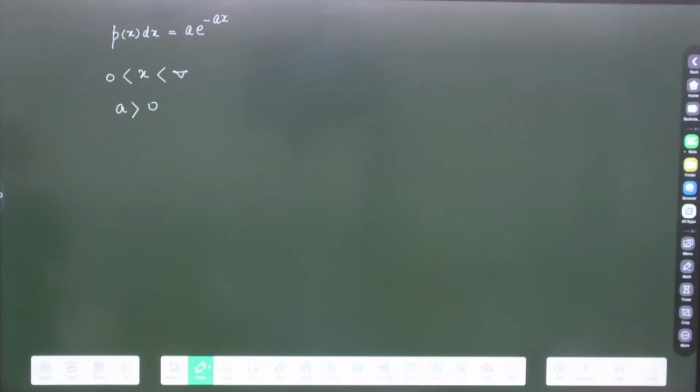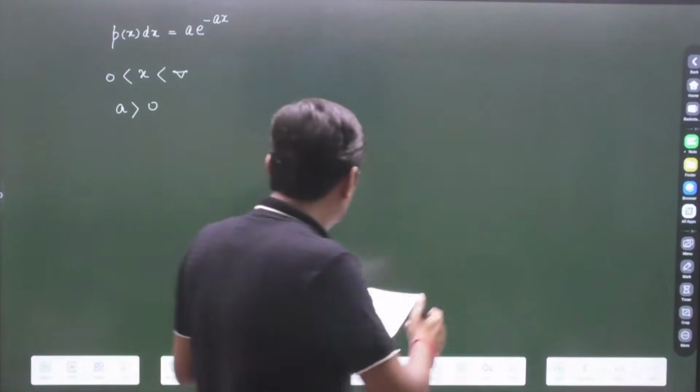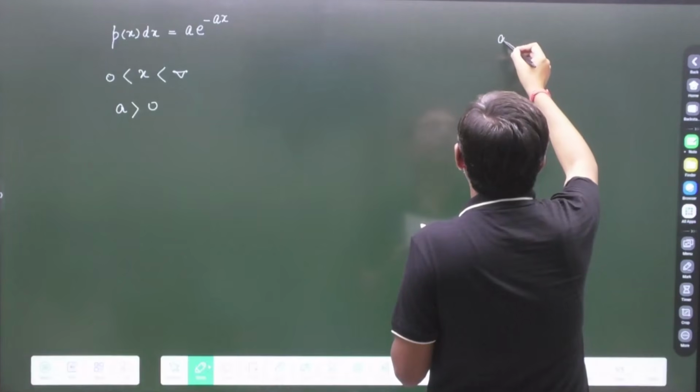then the probability that x lies between x1 and x2, in bracket x2 greater than x1, is how much? 4 options were there.